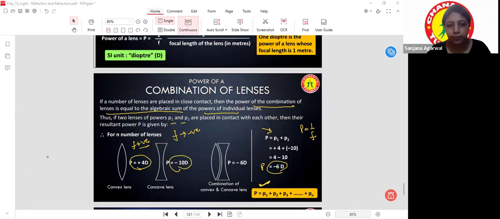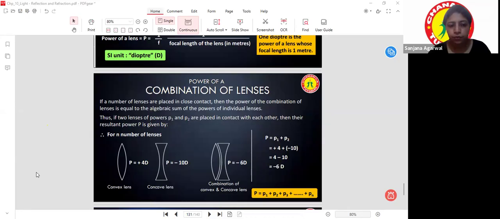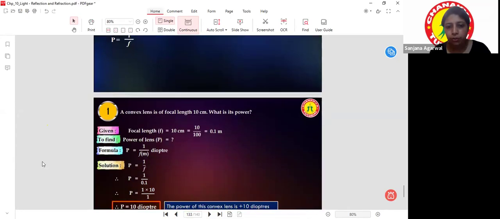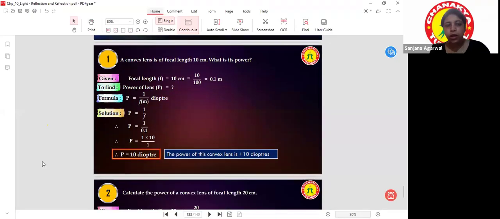Moving ahead. A few questions based on the power formula. A convex lens of focal length 10 centimeter. What is its power? It's very simple. Focal length is 10 centimeter, positive, that means convex lens.